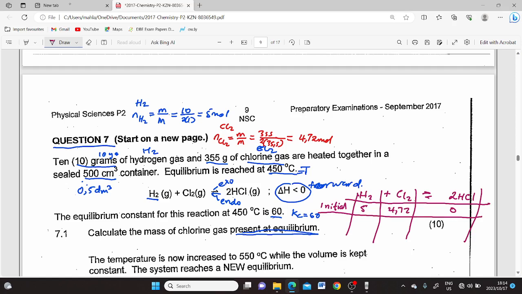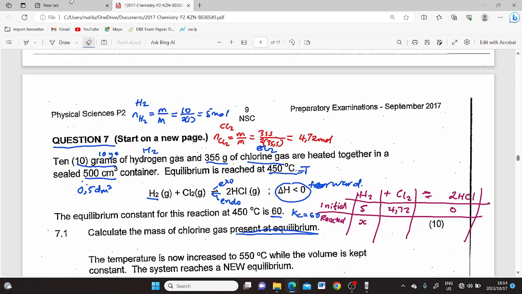Right, from there we have the reactant reacted. The reacted number of moles, initially unknown. They must have given us something at reacted, but of course let's start by equilibrium.